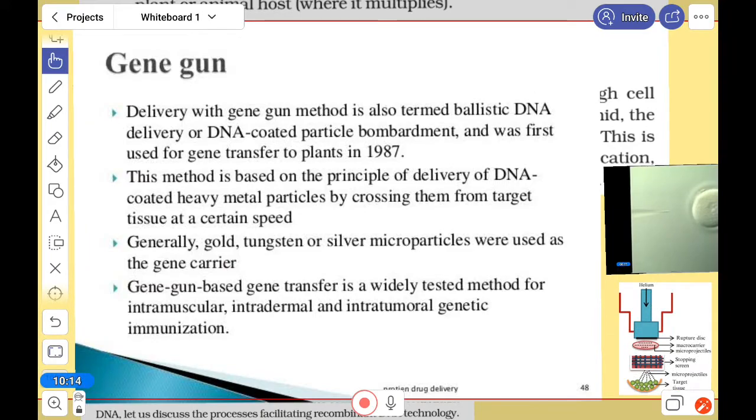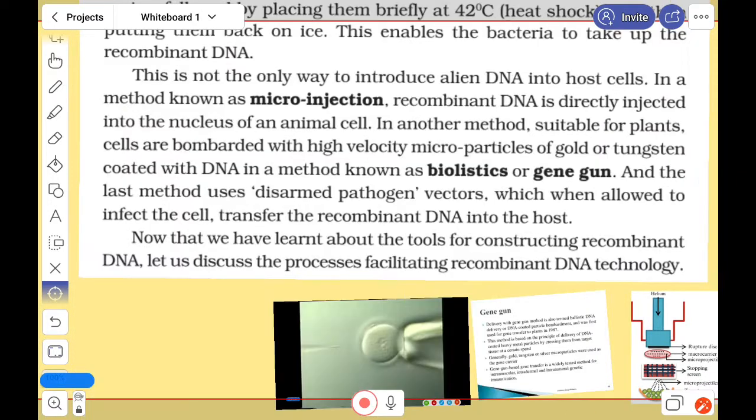In the gene gun, you have to keep in mind that when we are transferring, we coat the DNA with non-reactive metals like gold or tungsten, so very easily it can pass through. In this method we are using a disarmed pathogen.